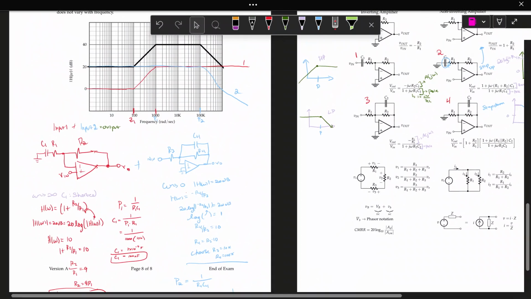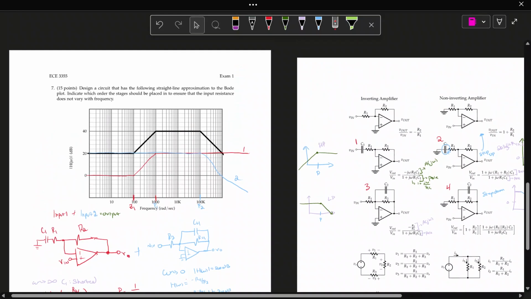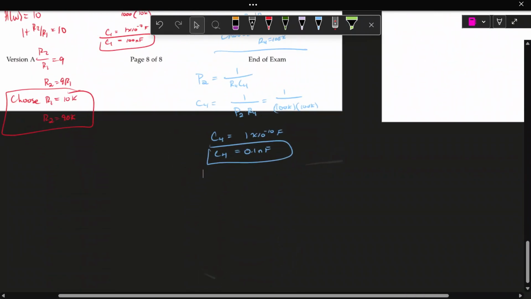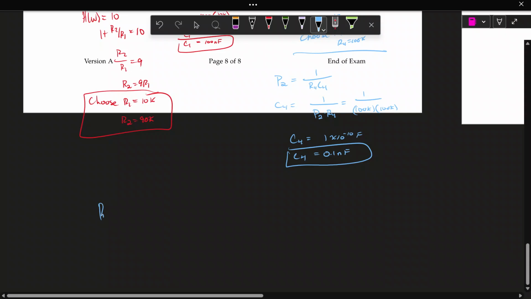So if we change the frequency, it does not change the value. Remember, input resistance is Vin over In.